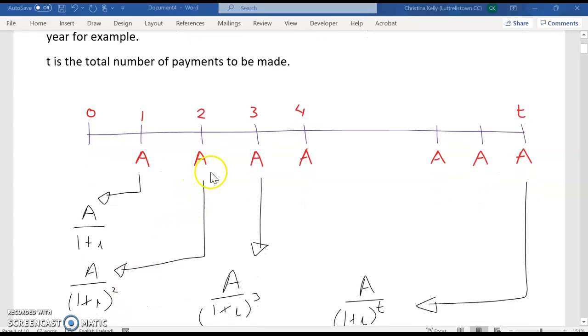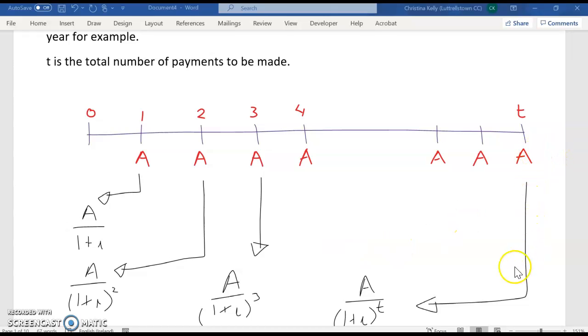If we discount the second value back to today, it will be A over (1 plus I) squared, so it's been discounted for 2 months, and we continue to do this for each of the payments. So the third payment will become A over (1 plus I) to the power of 3, and so on.